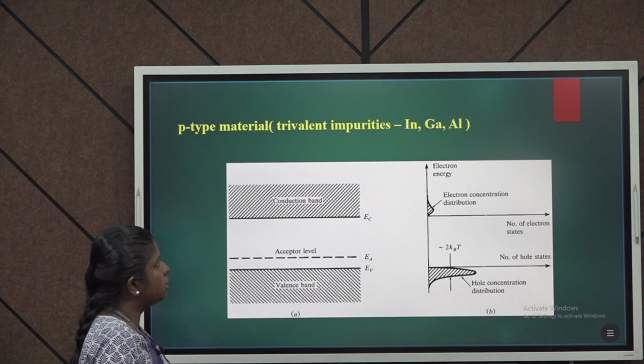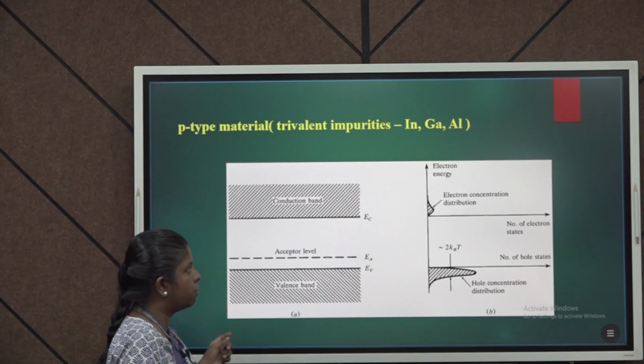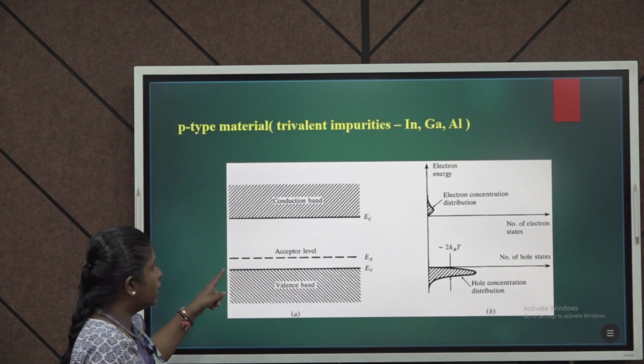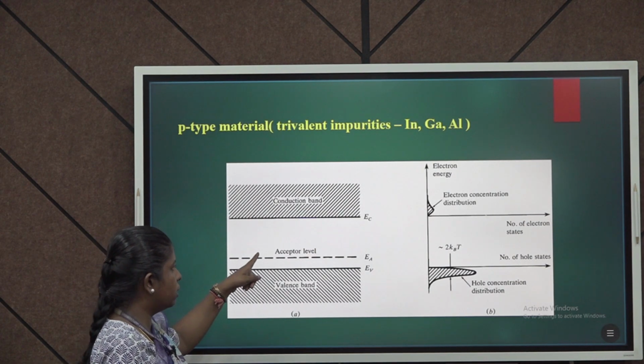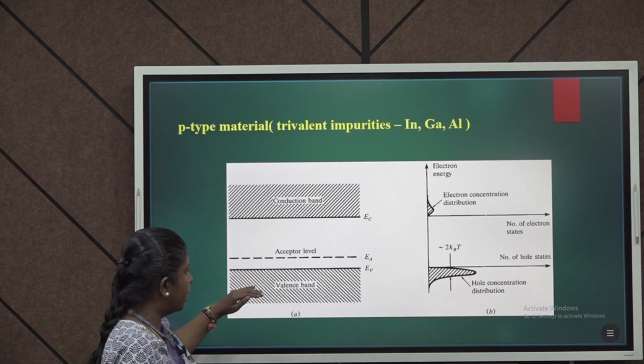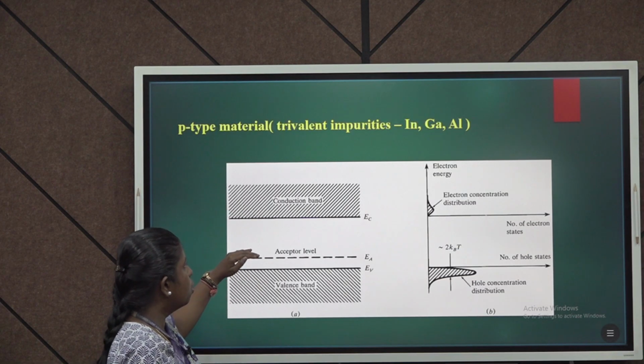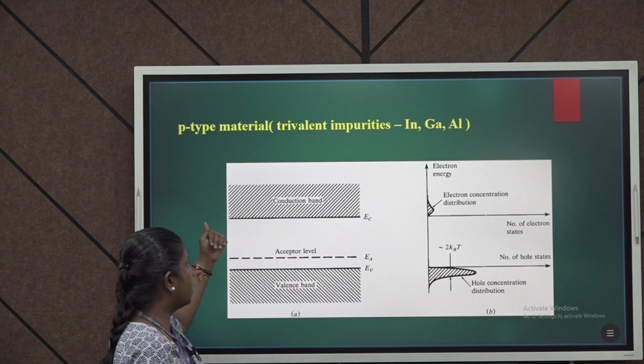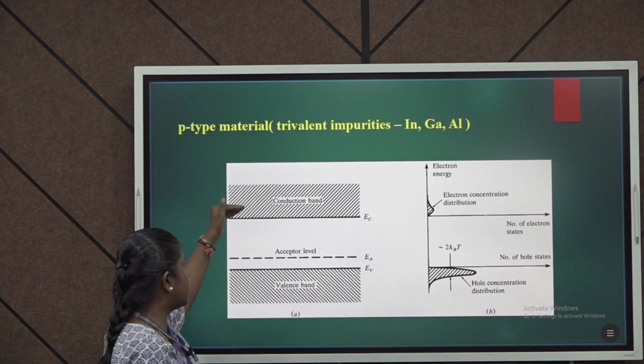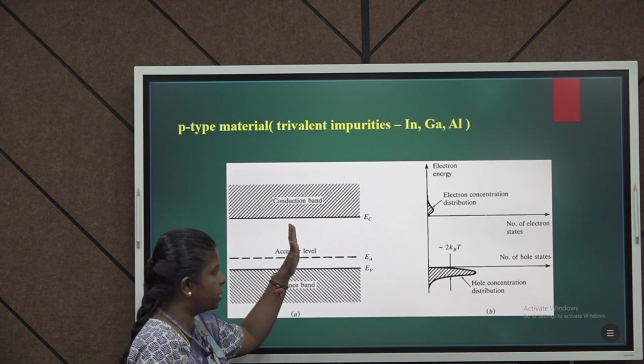It uses trivalent impurities like indium, gallium and aluminum, and here the new level is an acceptor level. So, it helps the valence band electrons to move away from the valence band to the conduction band, and energy is released.